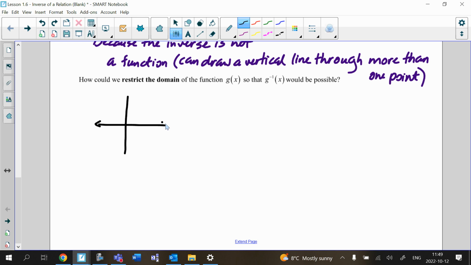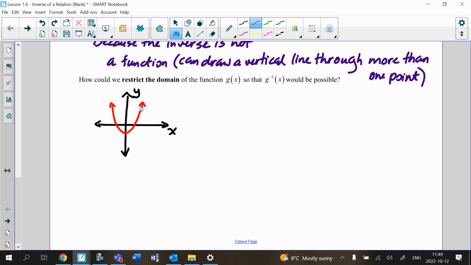I know that if I take this entire graph, the entire parabola, and find its inverse, it's not a function. What could I take out of this graph? Like slice it away. Half of it above and below? Half of it sideways.